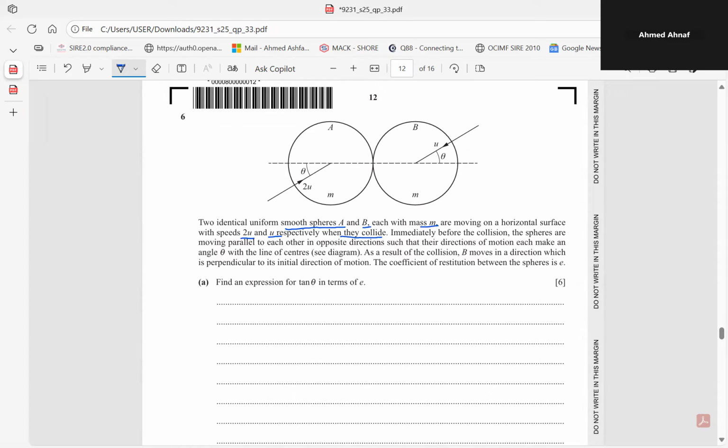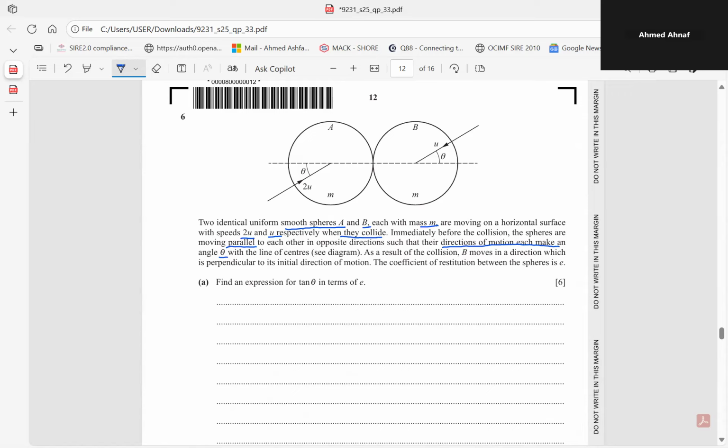Immediately before the collision, the spheres are moving parallel to each other in opposite directions. So that means, as you can see from the diagram, the lines of the velocities make the same angle with the horizontal, in opposite directions, such that their direction of motion makes an angle theta with the line of centers. So all this is given in the diagram.